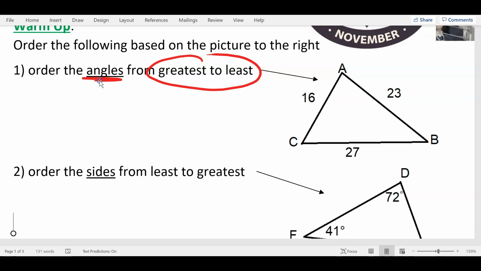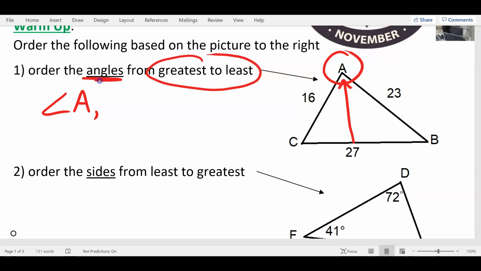Please. Thank you. Now, 27 is the longest side, so we're going to go across to find that angle. What angle is across from 27? A, okay? Angle A. So when we're putting it in order, I'm going to write angle A. Cool. Comma.